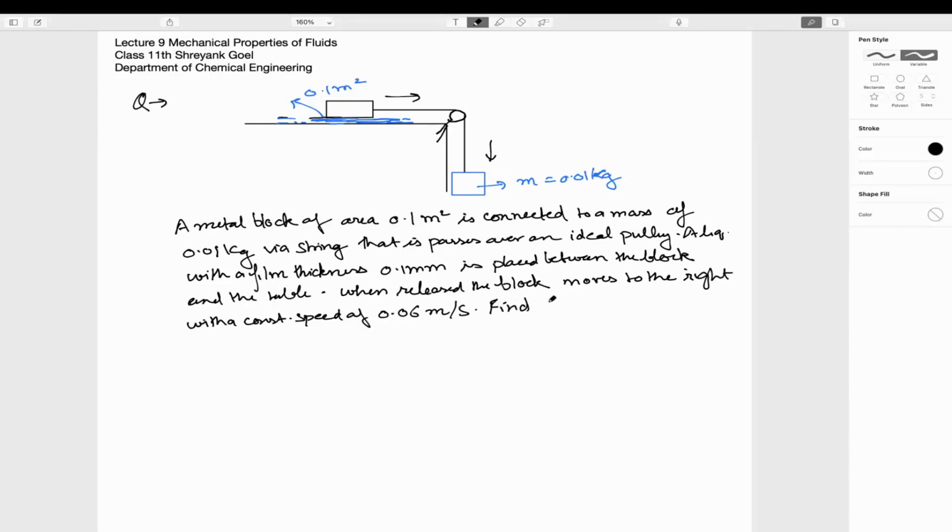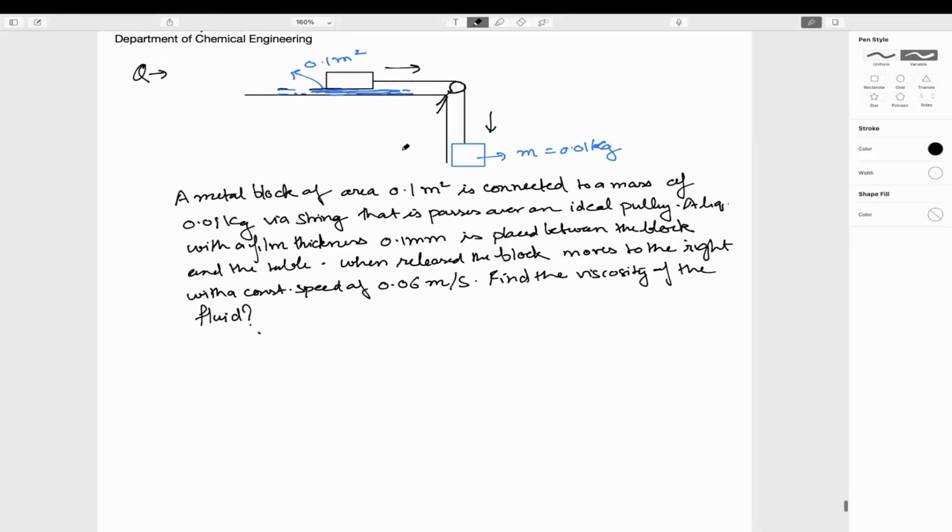Find the viscosity of the fluid. We need to find out the viscosity of the fluid.